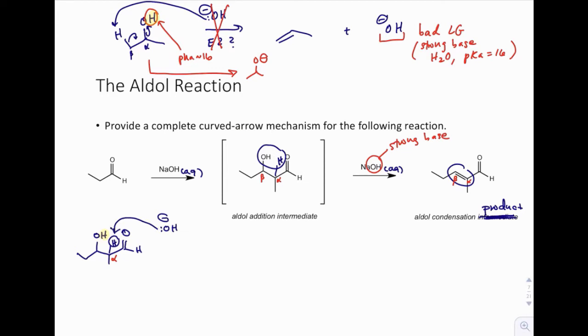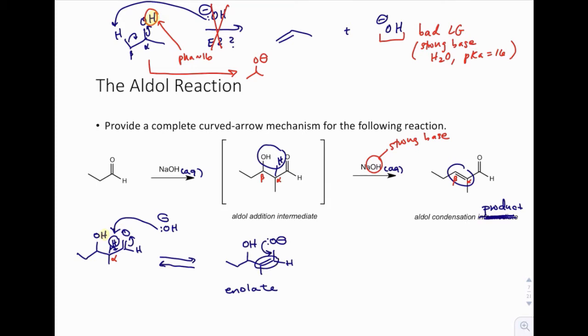I'm going to go ahead and draw these arrows going directly to the major resonance structure of the enolate. That is your goal too. You want to be able to go directly to the major resonance structure of the enolate. So here we go. And I should mention all of these steps are equilibria. From here, we can reform the nice strong CO double bond.